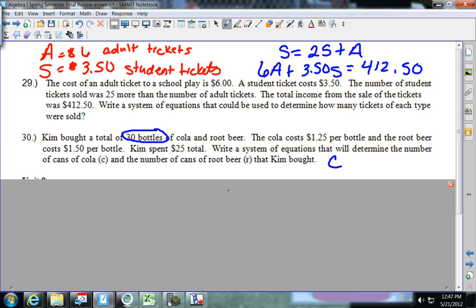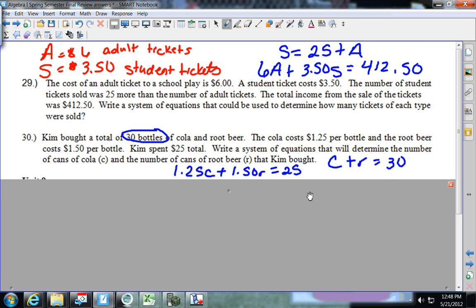So you have the cola plus the root beer equals 30. The other equation, you're going to put the dollar amounts with it. It's $1.25 times a cola plus $1.50 times the root beer, and that equals $25. So there is your system right here.